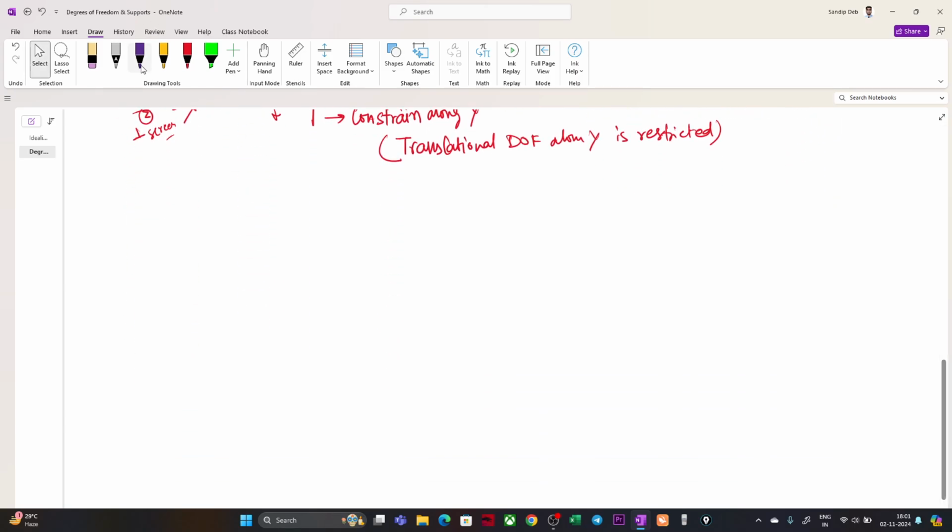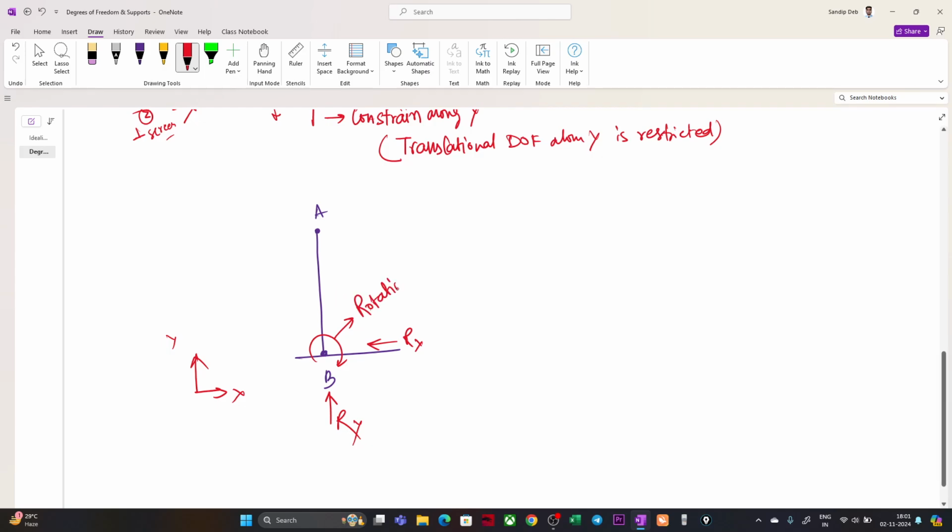Suppose now we have this beam, or you can say the line element, and we have the nodes A and B. It is restricted from moving along the Y direction, and along X and Y. It is restricted to move along the X direction, but it is allowed to rotate, so rotation allowed.